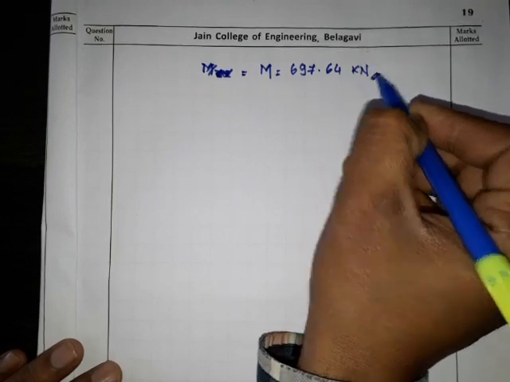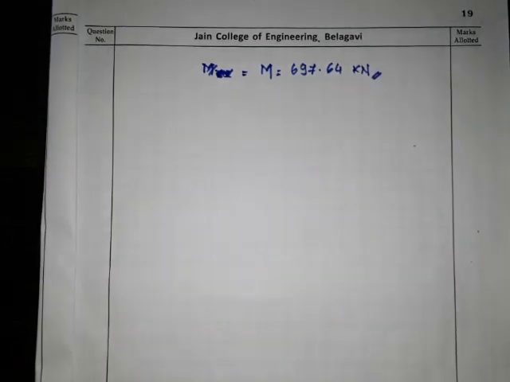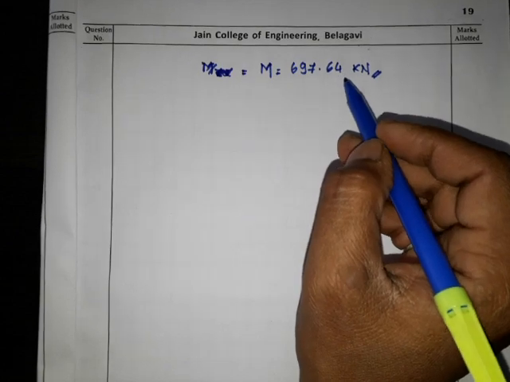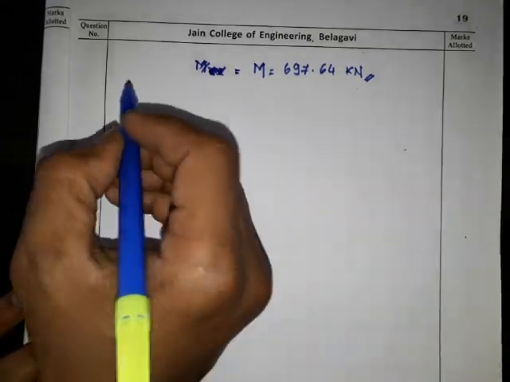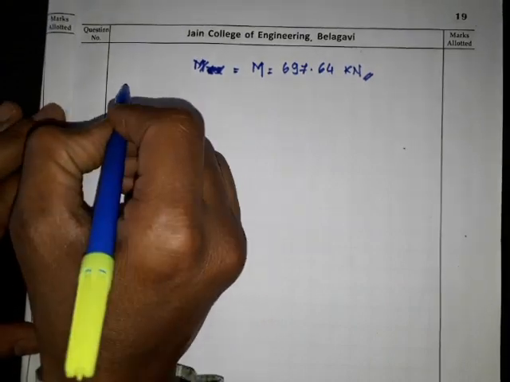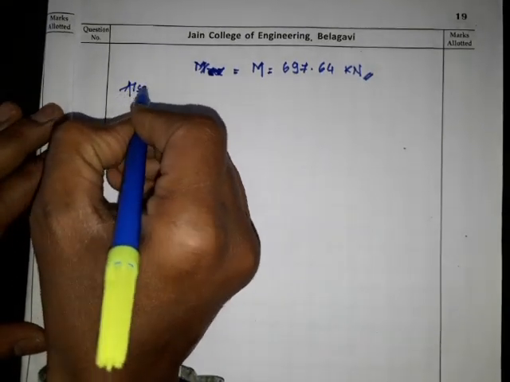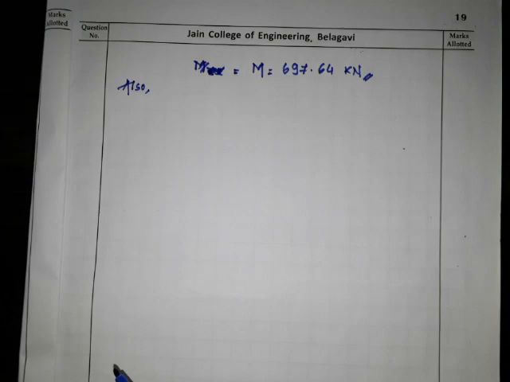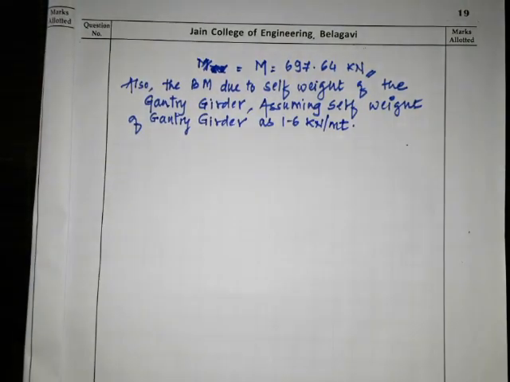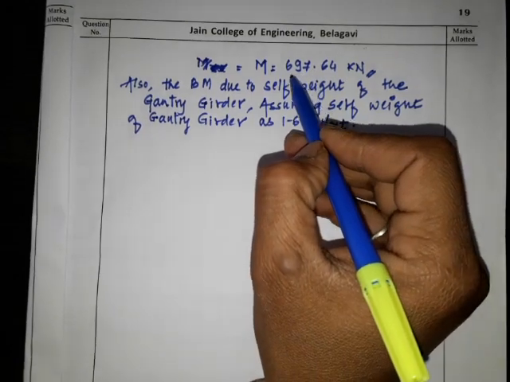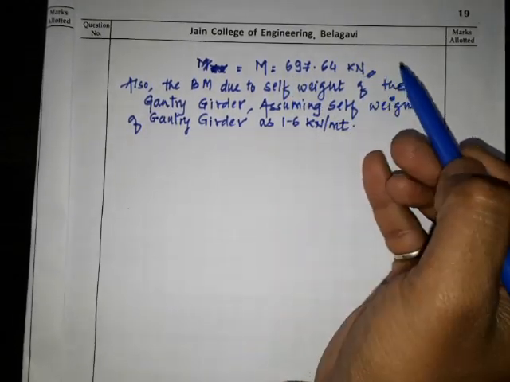So I got the moment because of vertical load, that is 697.64 kilonewton meter.